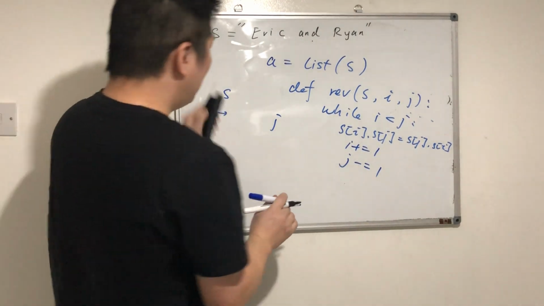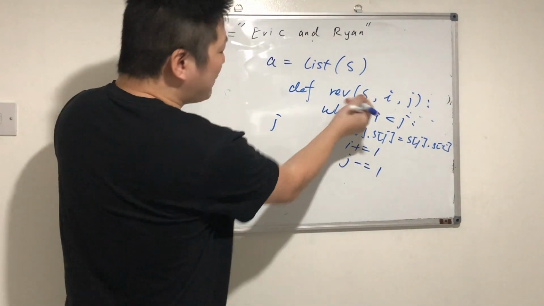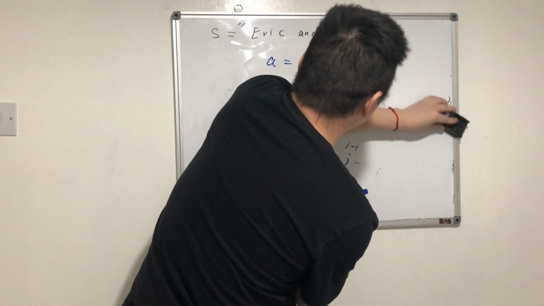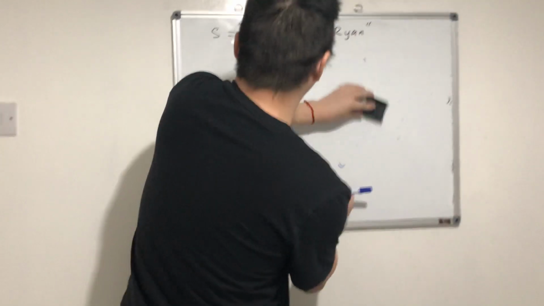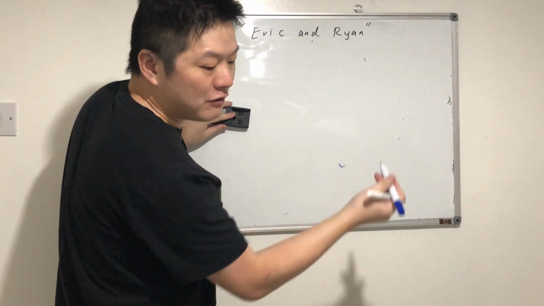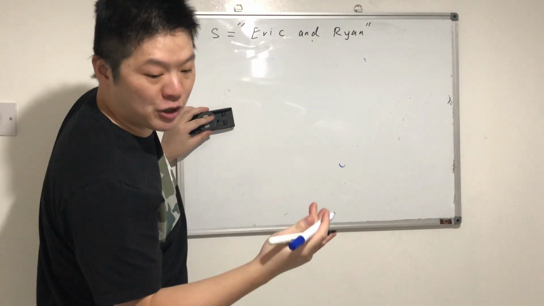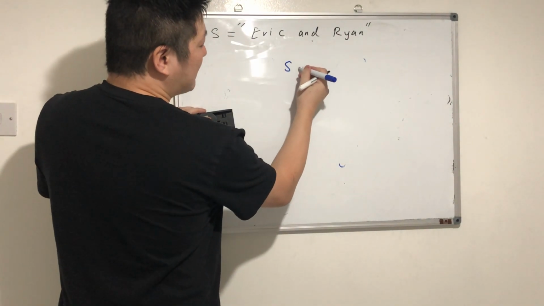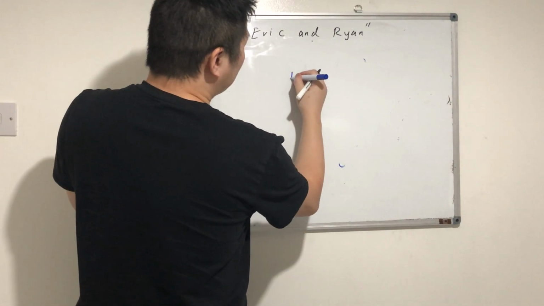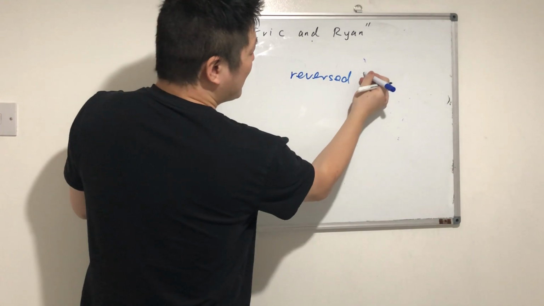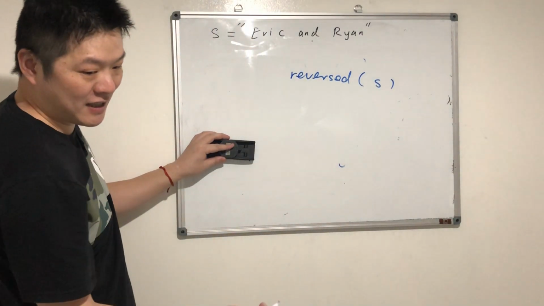Got it? So in Python, we don't need to reinvent the wheel. Whether it's a string or a list, I can just use the function reversed(S).